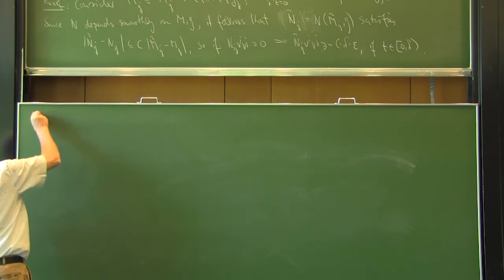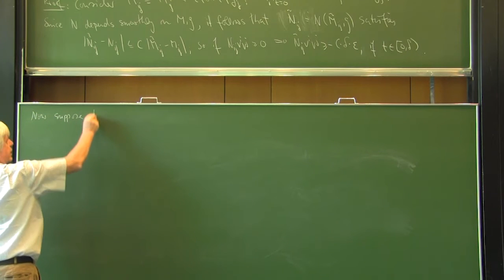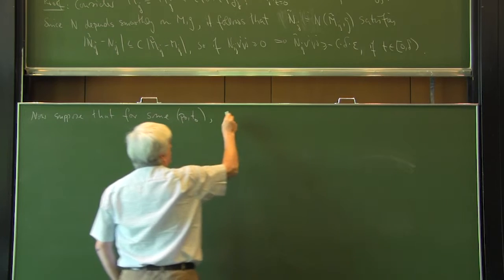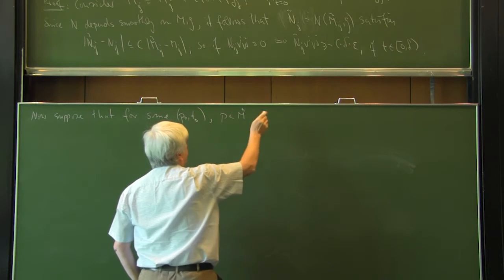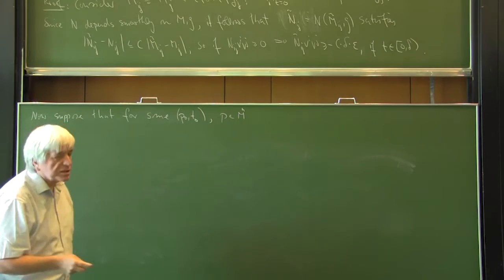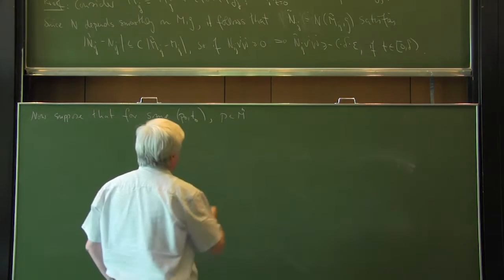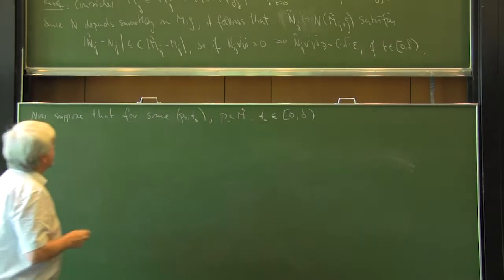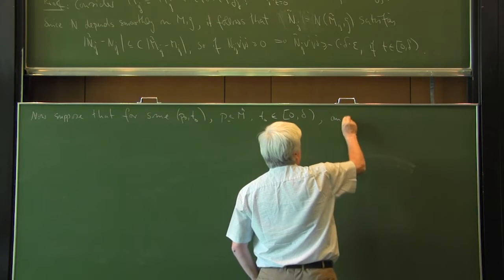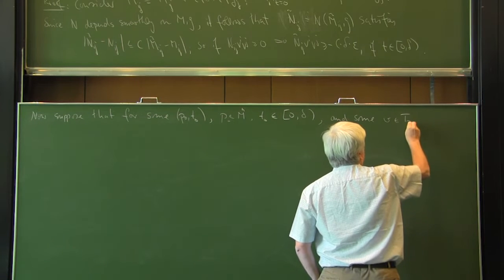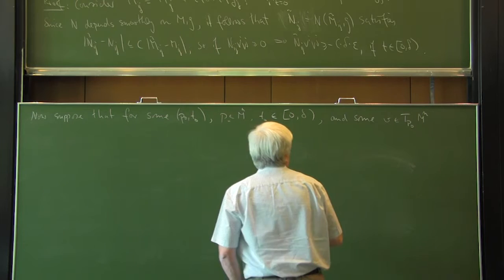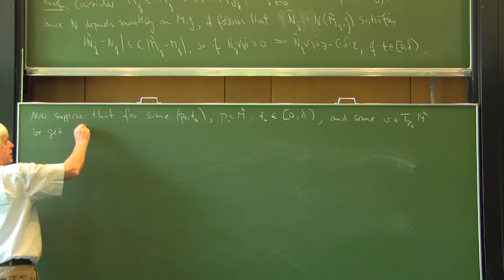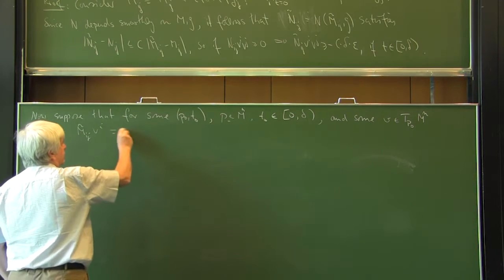So now suppose that for some p naught on the manifold, well, you can distinguish the M of the manifold from the M of the tensor field, and t naught in 0 delta, and some v in the tangent space, we get that M tilde ij vi is equal to 0. So we have a zero eigenvalue.